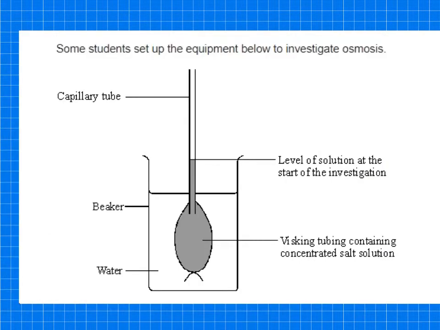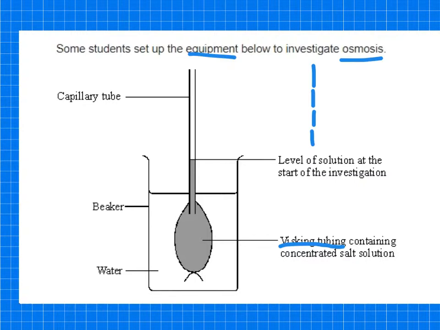Here is part of an exam question, and they sometimes show you this kind of experimental setup. So they say the equipment below is to investigate osmosis. And what they're using here is a piece of what we call visking tubing. Visking tubing is a piece of plastic tubing, but it has very small holes in it. You can't see the holes, but the holes are small enough to allow water to move in or out.